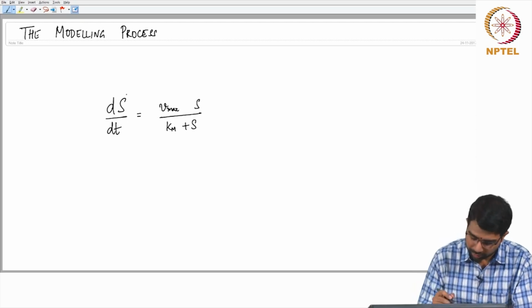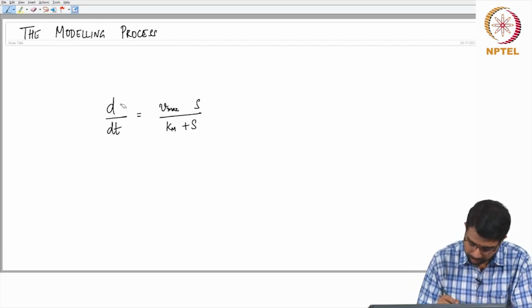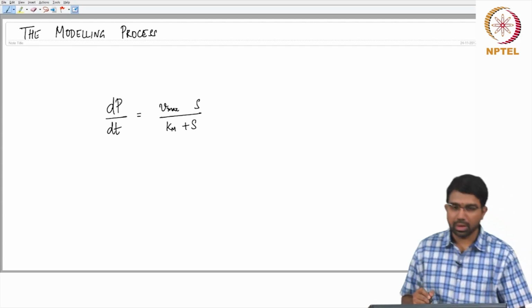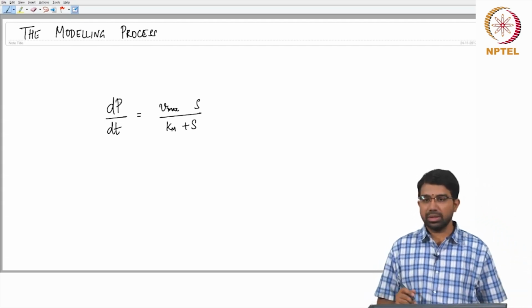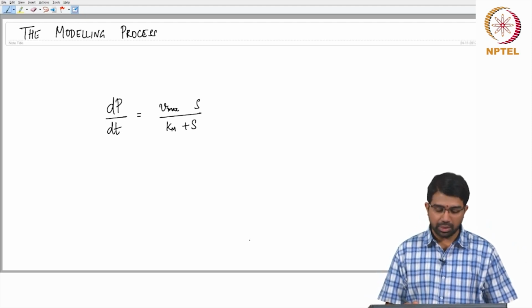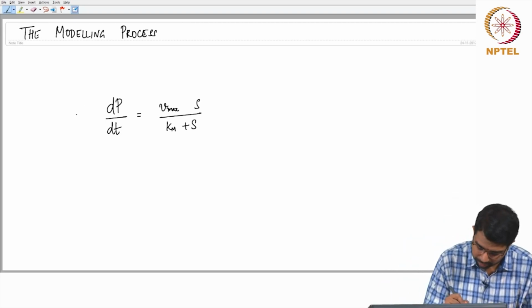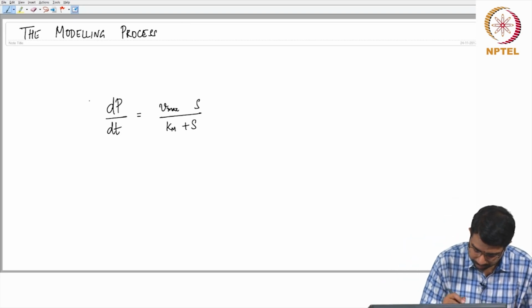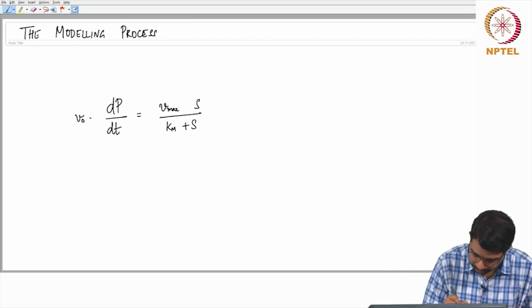dP by dt would be V max into S by Km plus S, or rather the initial rate of the reaction.